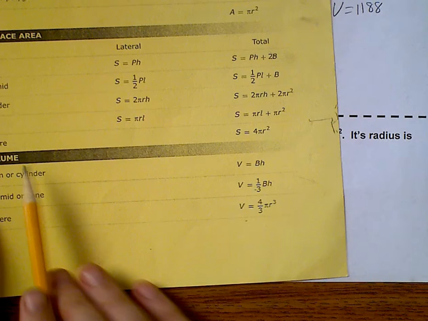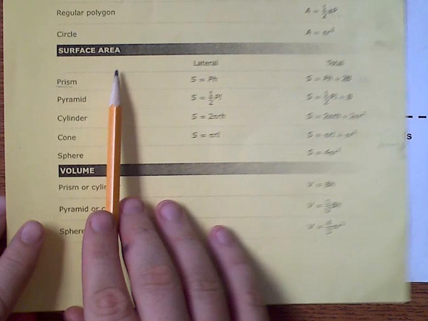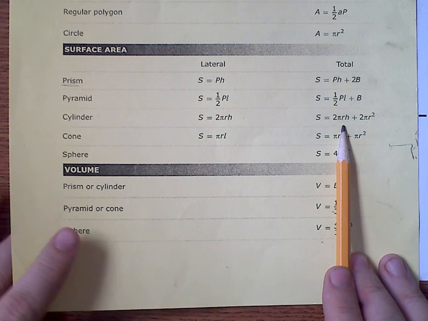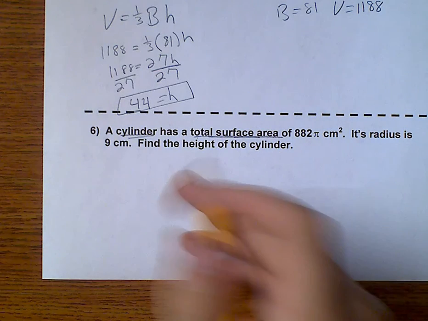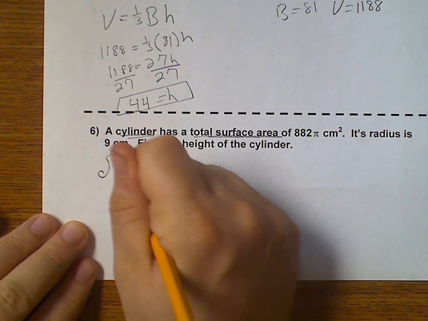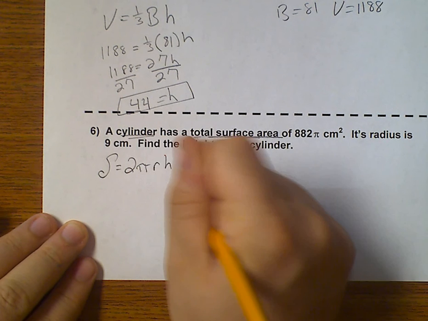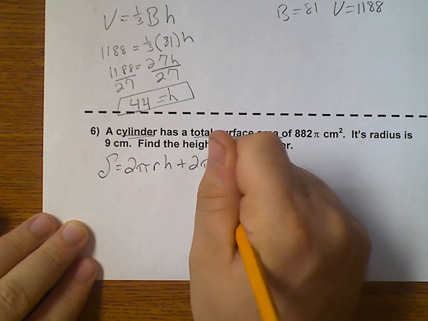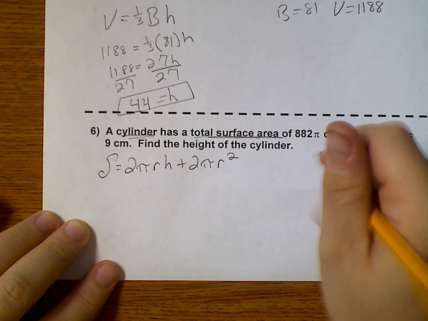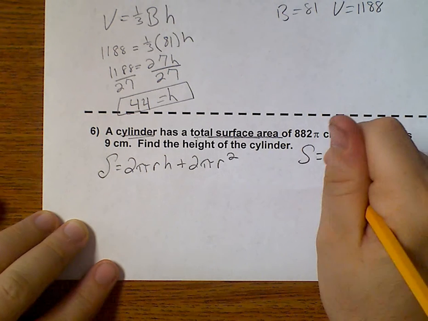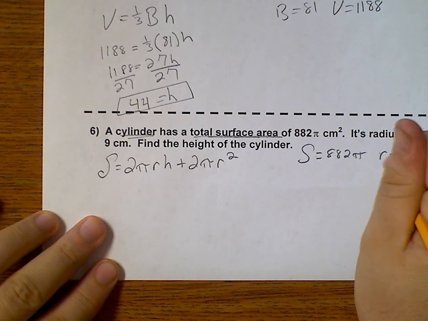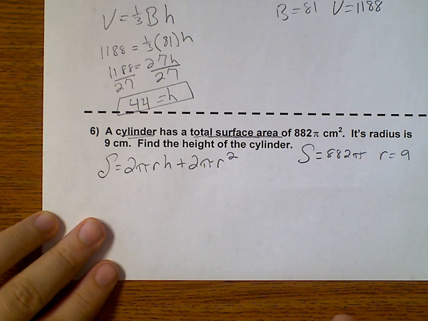Well, the surface area of a cylinder is 2 pi rh plus 2 pi r squared. And we're told that the surface area equals 882 pi, and the radius is 9. And we want to find the height.